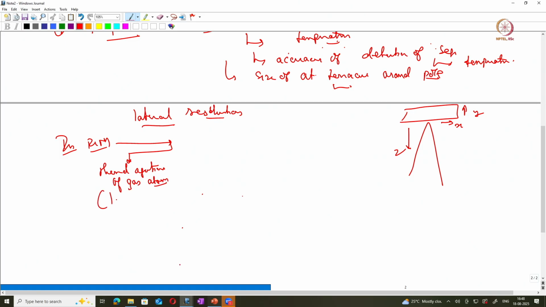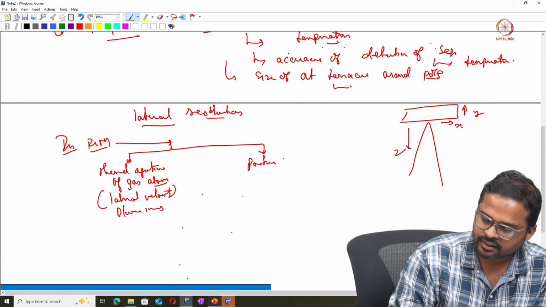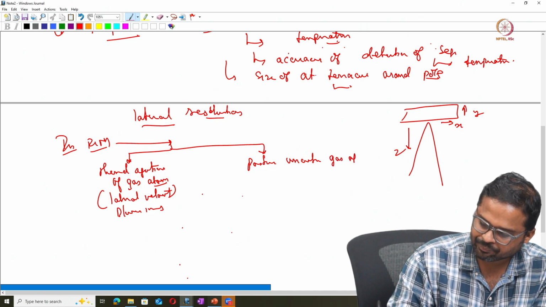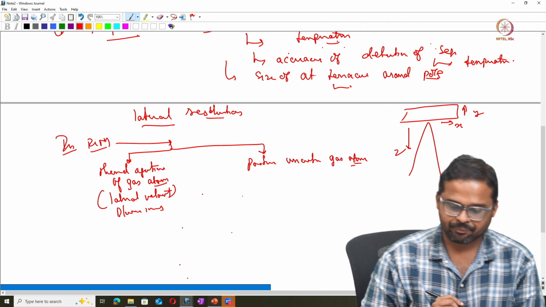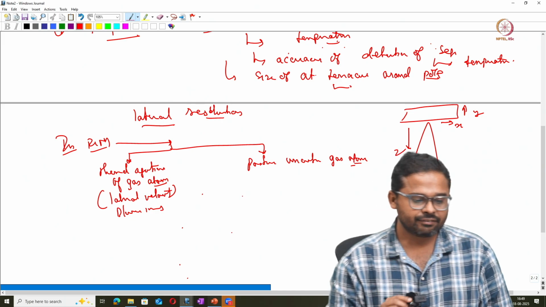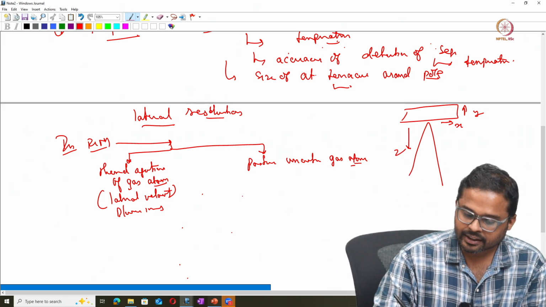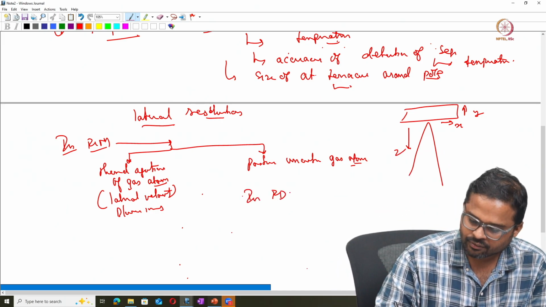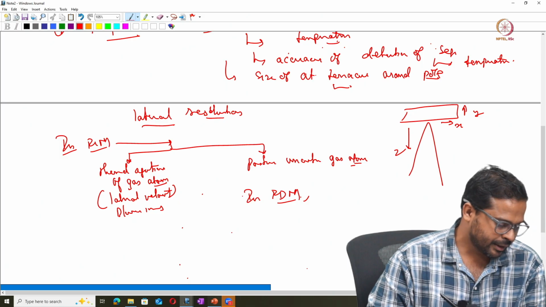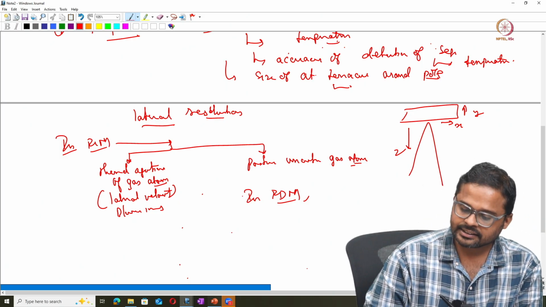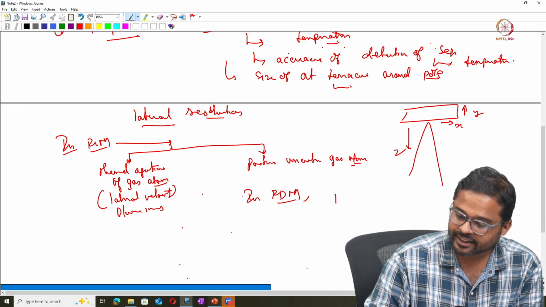It means it induces a lateral velocity, so you will have a blurred image. Another is the position uncertainty of the gas atom. These are the two important things which affect the lateral resolution. In FDM, the field desorption microscopy image, this is actually limited by the trajectory aberrations.